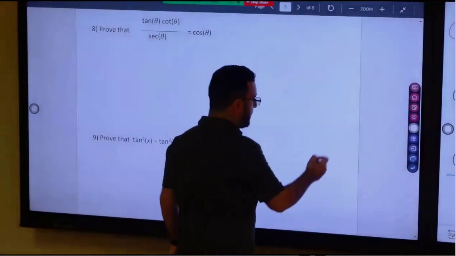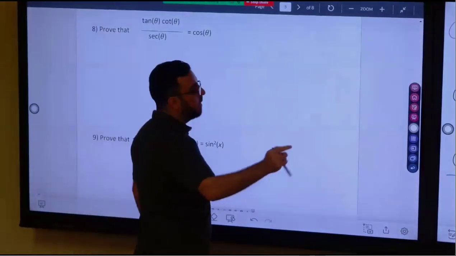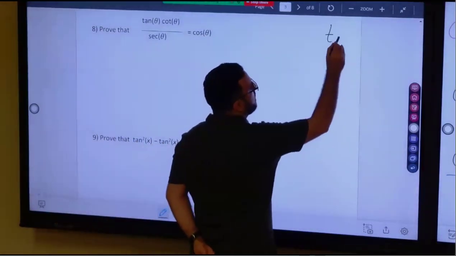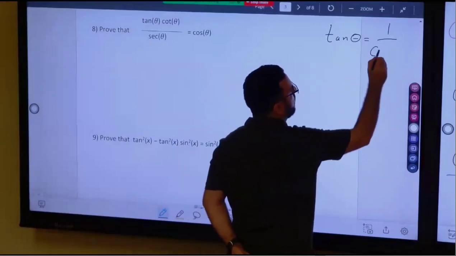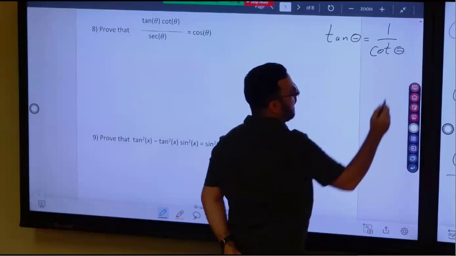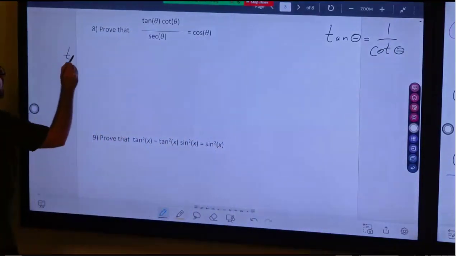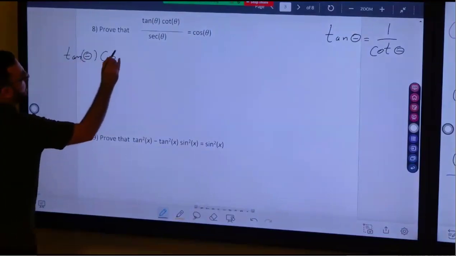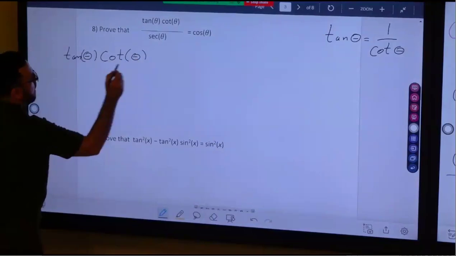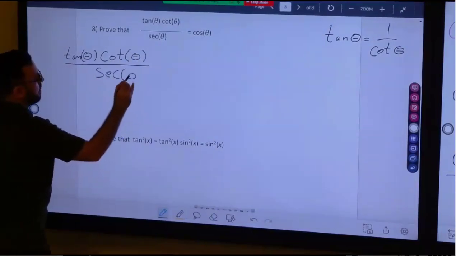There is a rule that says tangent theta is 1 over cotangent. So I'm going to start from this side: tangent theta times cotangent theta over secant theta.